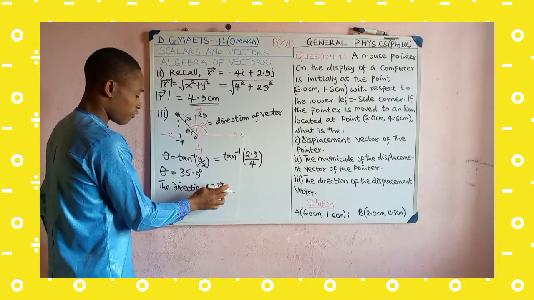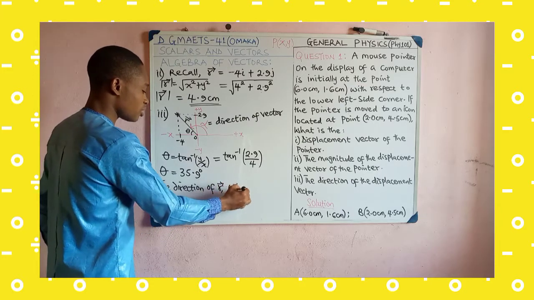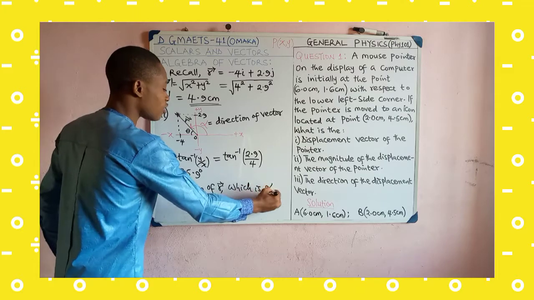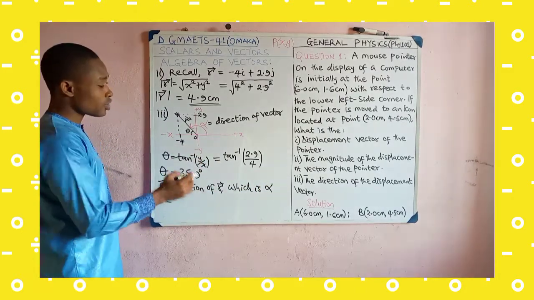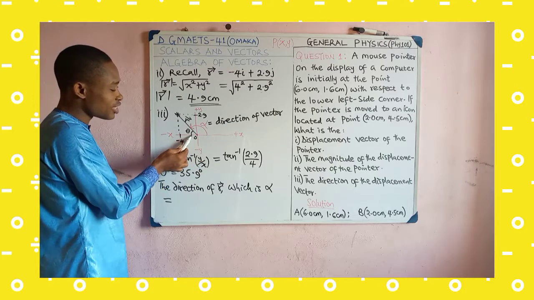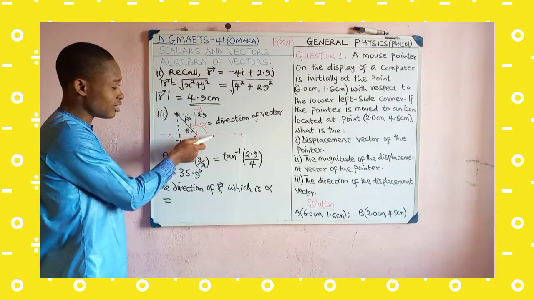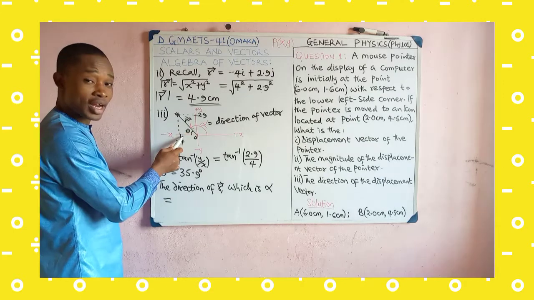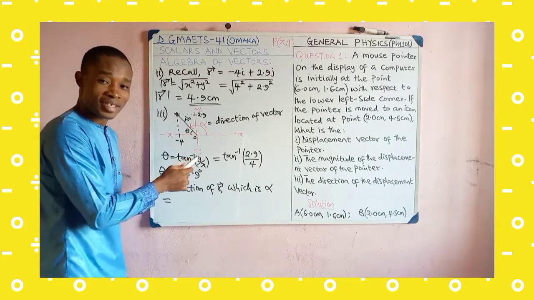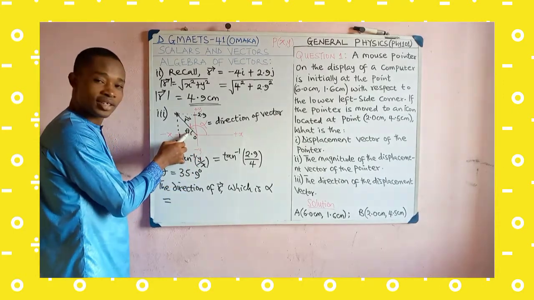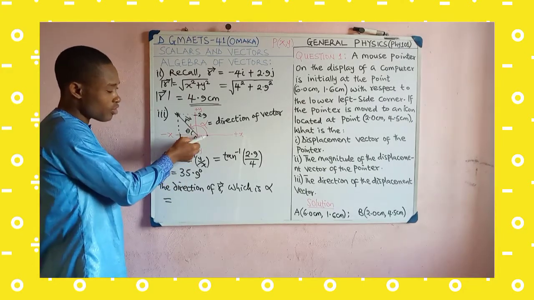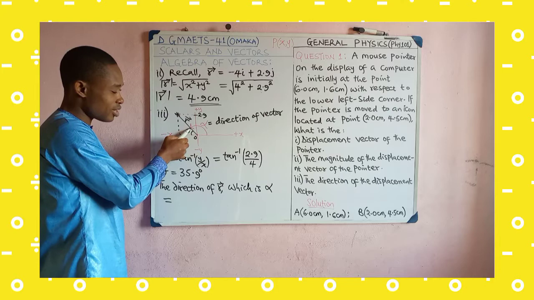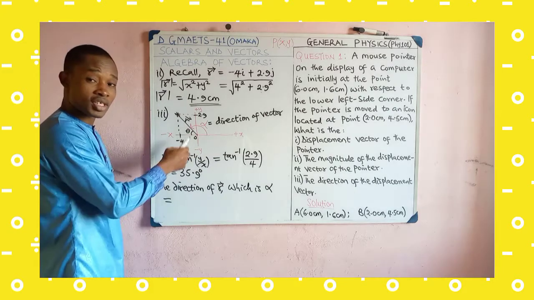The direction of this, which is alpha, as I showed you from the sketch, is now equal to, take note, from positive x-axis to negative x-axis is 180 degrees. 180 degrees is a semicircle. Is that okay? Now out of it you know theta, which is 35.9 degrees. You are left with just this portion from this positive x-axis down to what? To the vector itself, which is alpha.